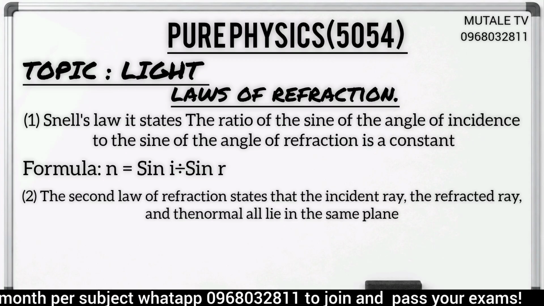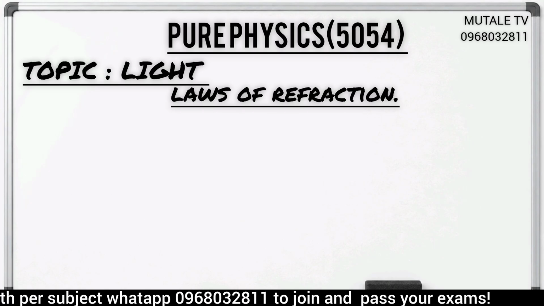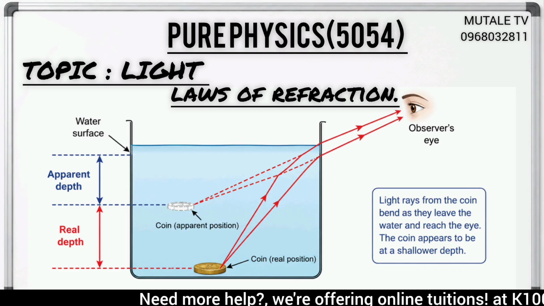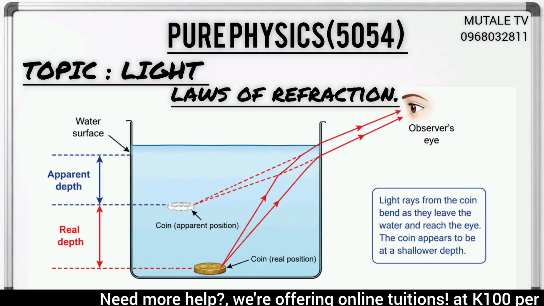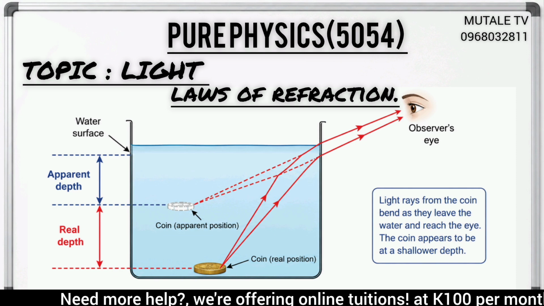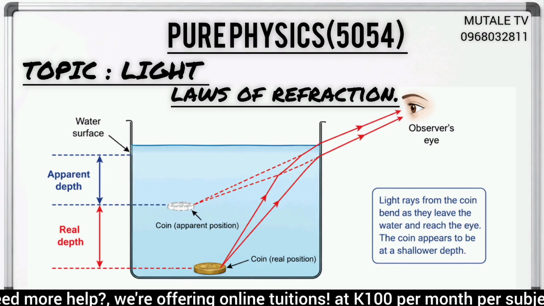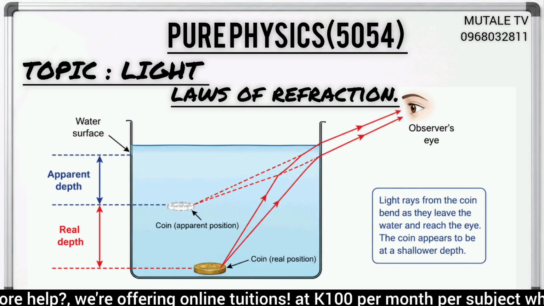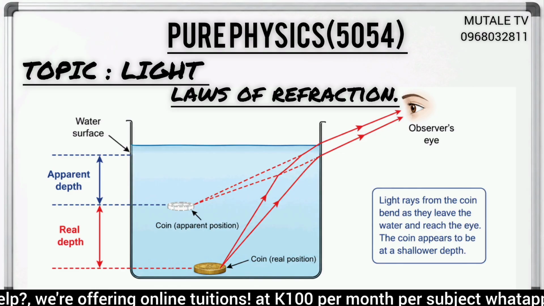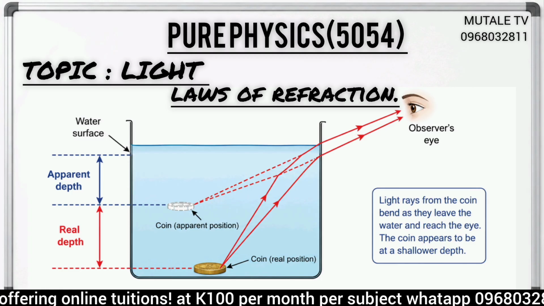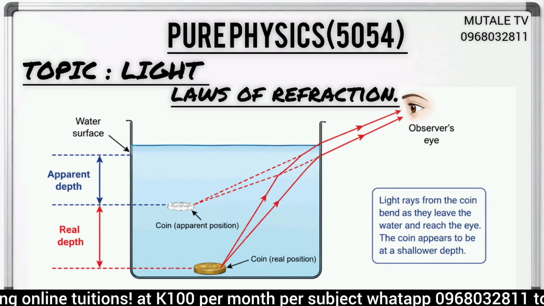Alright, refraction also explains a phenomenon you may have noticed yourself. For example, when objects are immersed in water, such as a coin at the bottom of a bucket or a fish in a pond, they appear nearer to the surface than they truly are. This happens because light from the object is refracted as it leaves the water and reaches the observer's eye, making the object appear to be at a shallower position than its real depth.